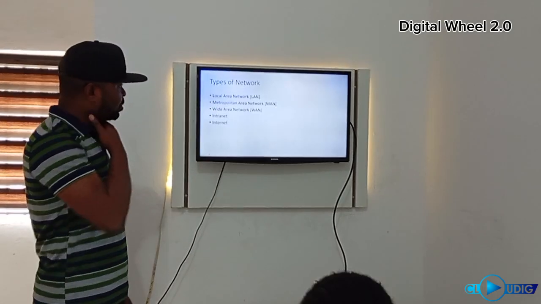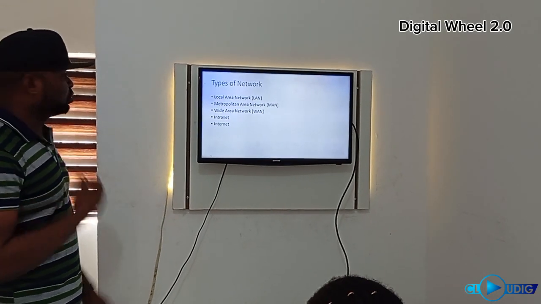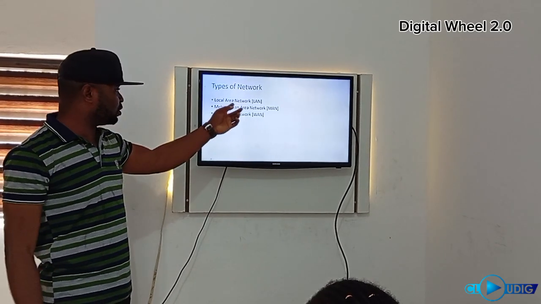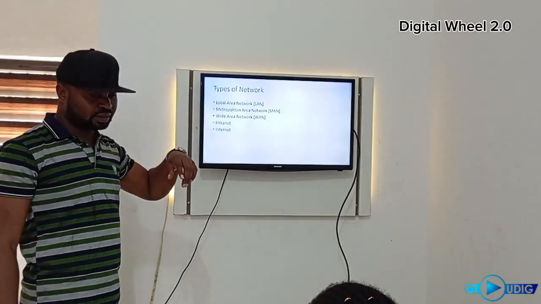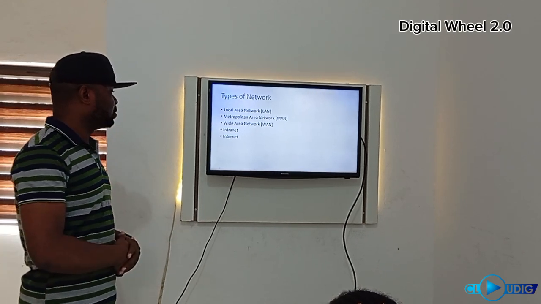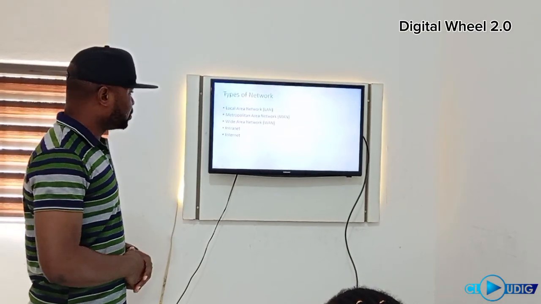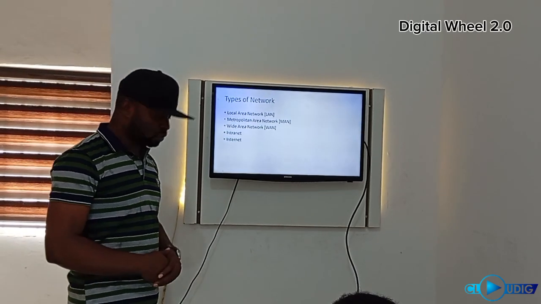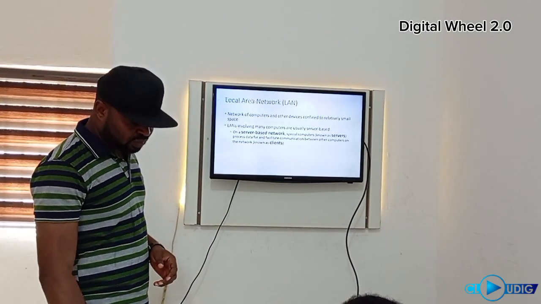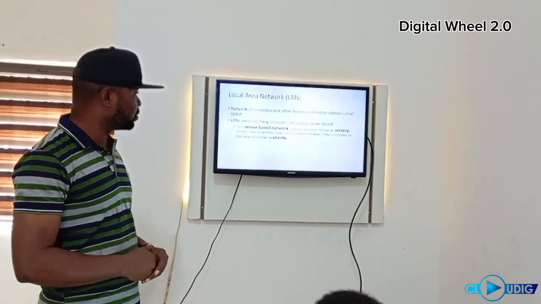So let's say I boil it down. We have types of network. I know some of you might be conversant with local area network, metropolitan area network, wide area network; we have the intranet and we have the internet. There are so many types of network. The local area network, we are going to see how those kinds of technology concern us.